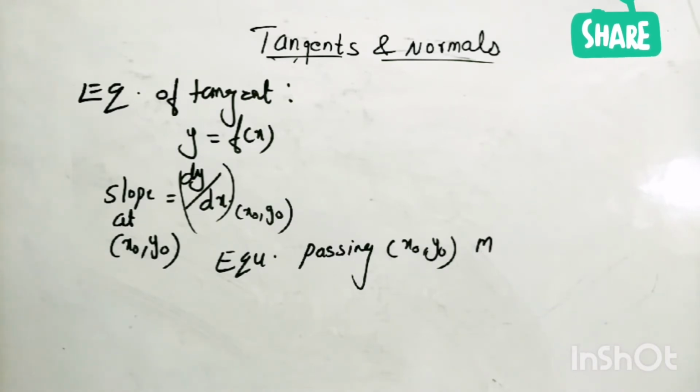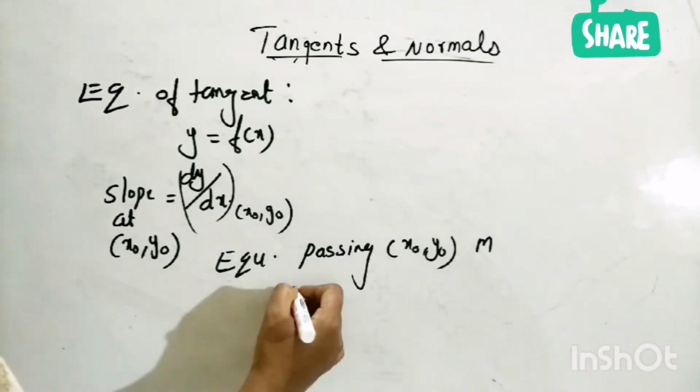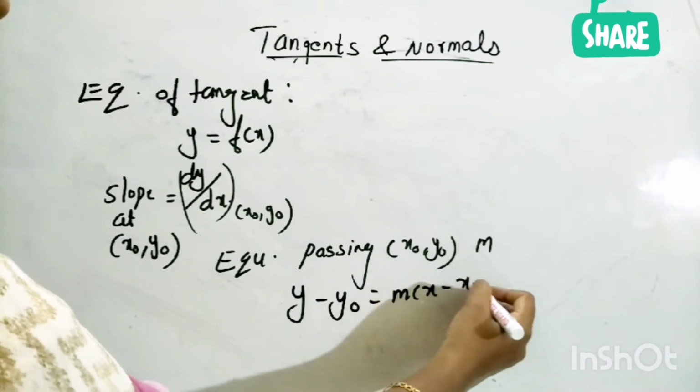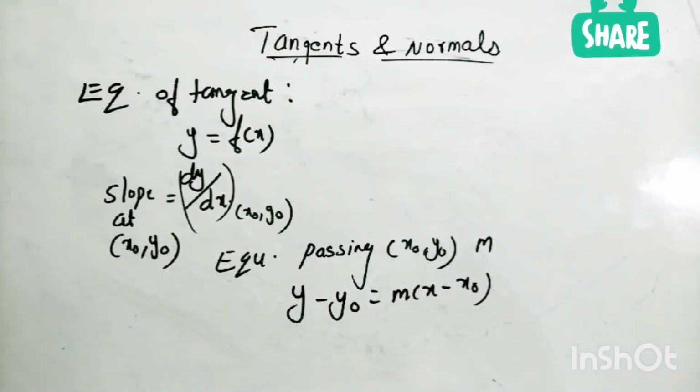The equation of a line which passes through the point x naught comma y naught having slope m is given by y minus y naught is equal to m into x minus x naught.